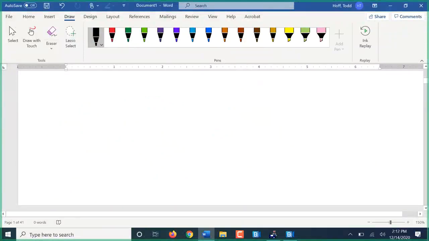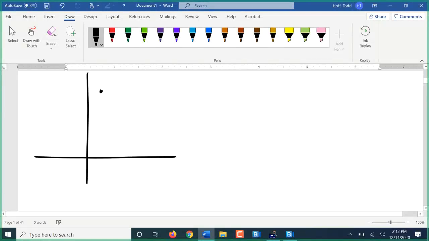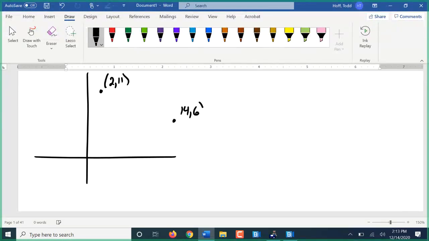Our final formula is going to look at finding how far it is between 2 points.